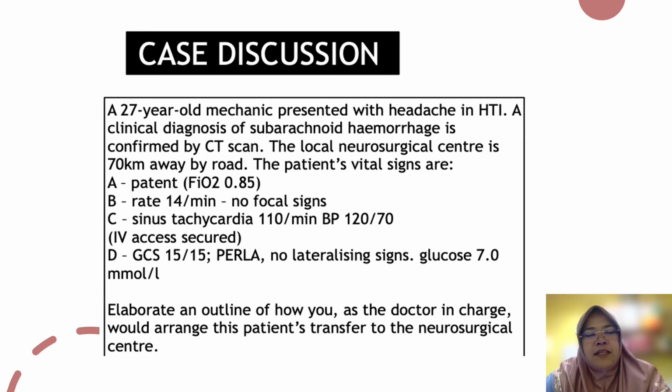For circulation, sinus tachycardia about 110 per minute with blood pressure of 120/70, and IV access secured. For disability, the GCS is full 15/15 with pupils reactive to light, no lateralizing signs, and glucose of 7 millimole per liter. So elaborate an outline of how you, as the doctor in charge, will arrange this patient's transfer to the neurological center.